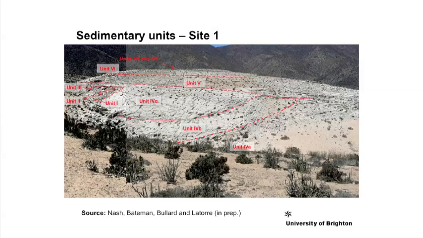At this site, 8 in total. We then measured the dip of the beds. So these are effectively dune sediments, and by measuring the dip of the individual sedimentary units, it's possible to establish potentially paleo wind directions, which direction the wind was blowing from in the past.